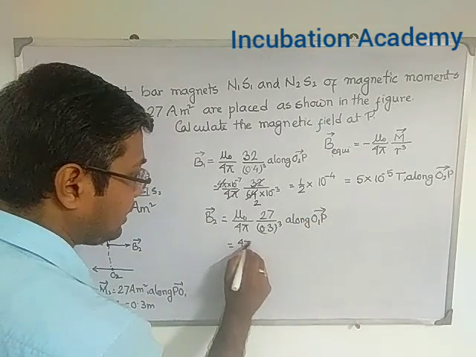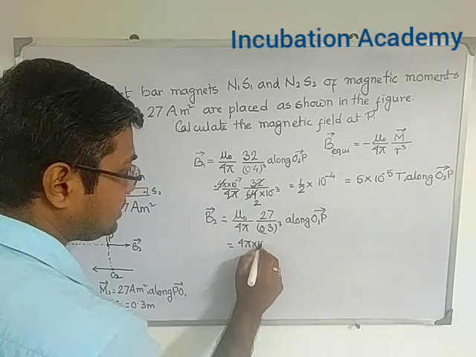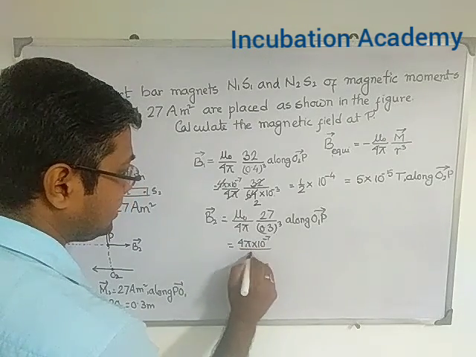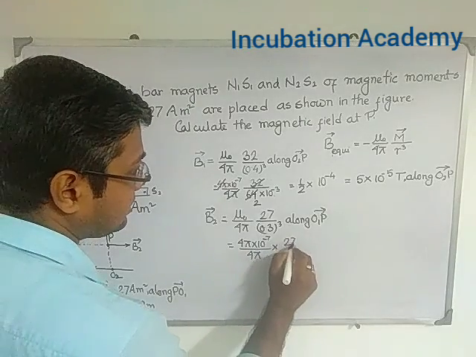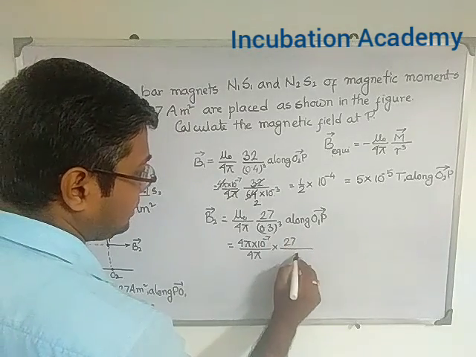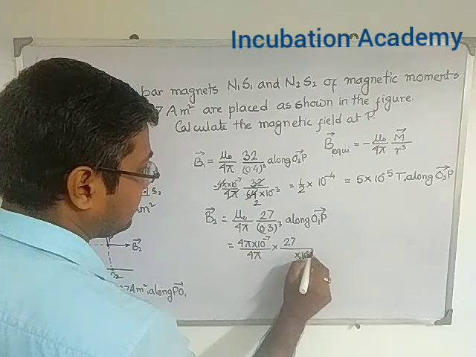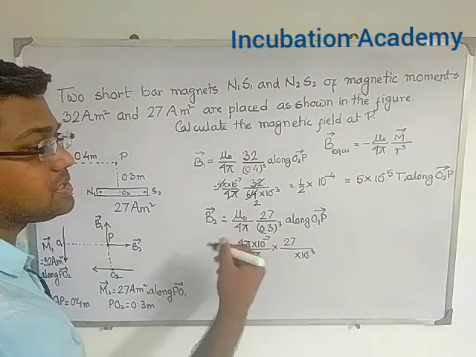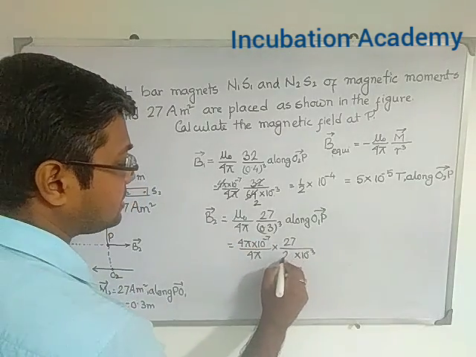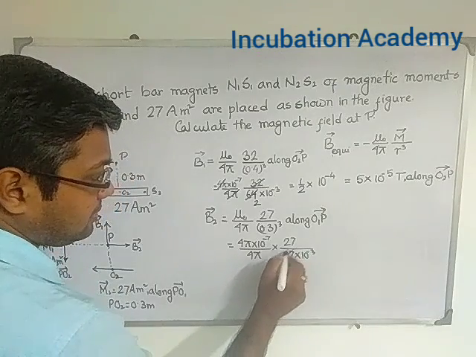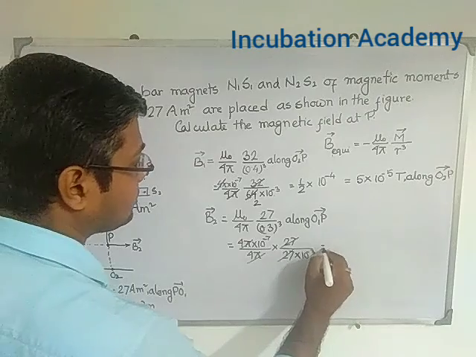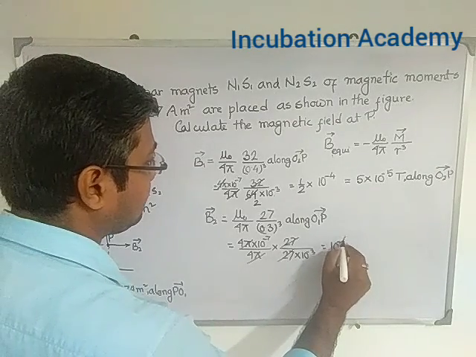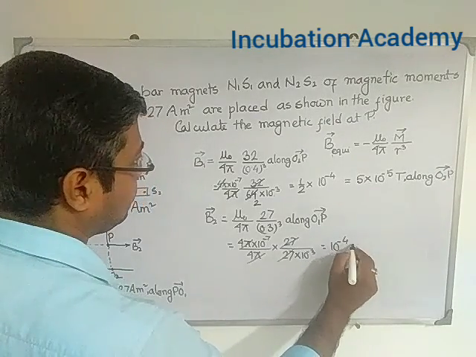So 4 pi into 10 to the power minus 7 divided by 4 pi, times 27 over 0.3 cube, that is 10 to the power minus 3, and 3 into 3 is 9, 9 into 3 is 27. So 27 and 27 cancel out, 4 pi cancels out, and it becomes simply 10 to the power minus 4 Tesla.